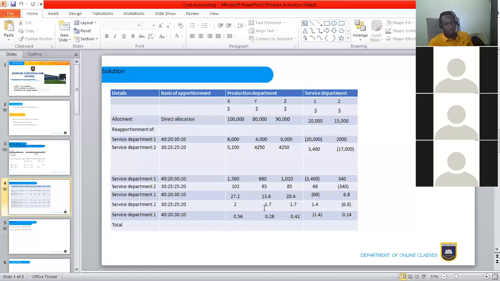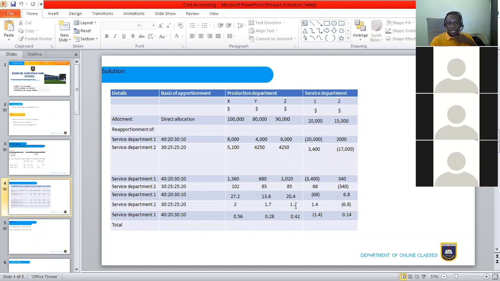And we'll move on to the next one, which is 25% of 6.8. We are getting 1.7 for production department Y. When we move on to the next one, it's also 25%, that's production department Z. We are getting 1.7.